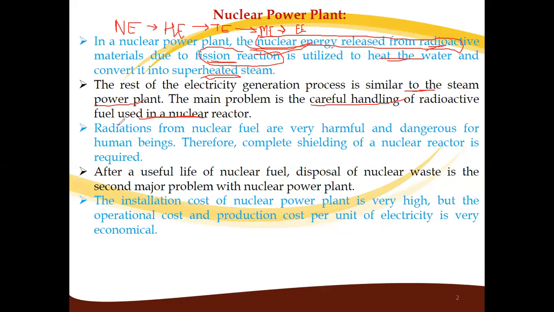Now, the radiation from the nuclear fuel is very harmful and dangerous to human beings. Therefore, complete shielding of this nuclear reactor is required so that the harmful radioactive rays do not go outside the reactor.